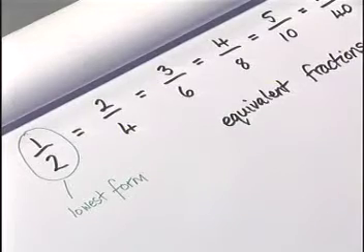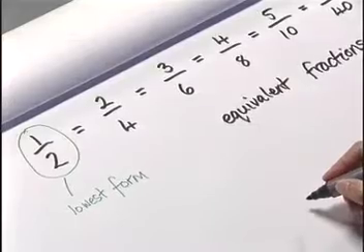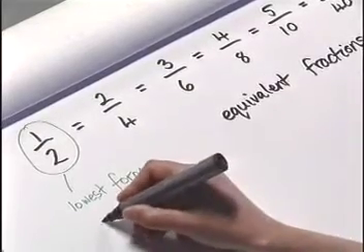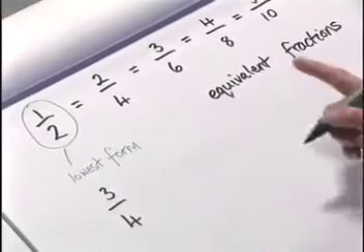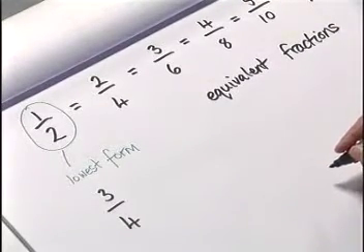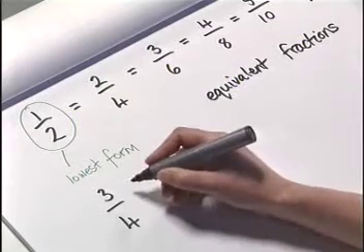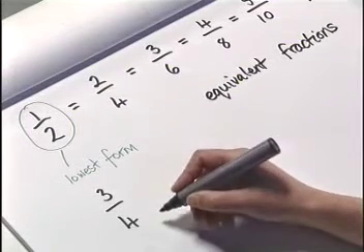Well, let's have a look first at finding some other equivalent fractions. So let's say I take 3/4. How do I find an equivalent fraction? Well, what I can do is multiply the top number and the bottom number by the same number.